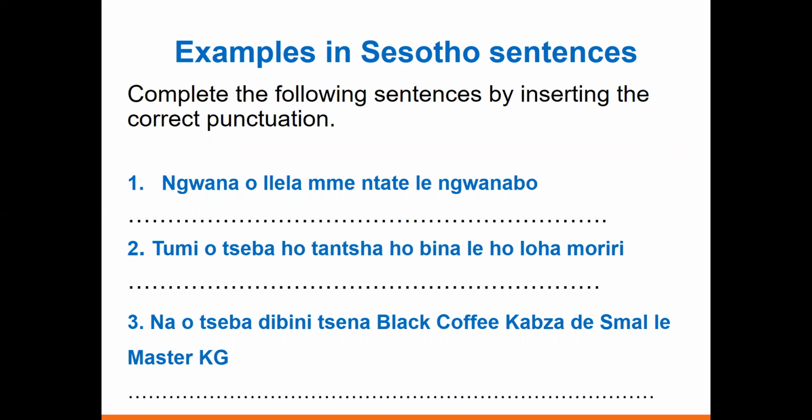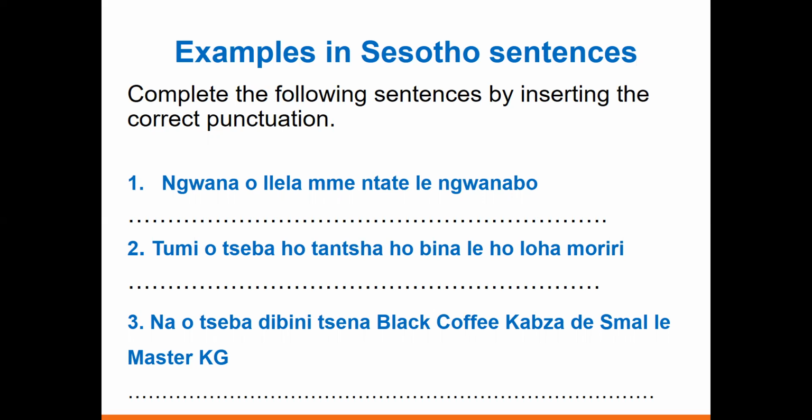Okay, so: Ngwana ulela me ntate le ngwana. So there the comma would come after me.